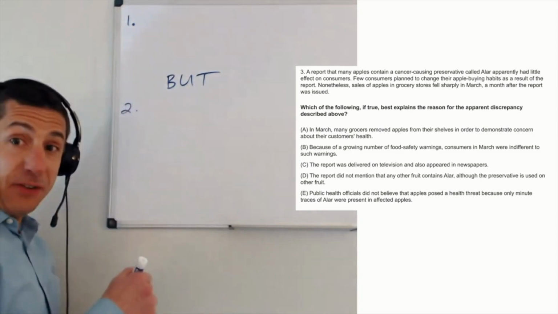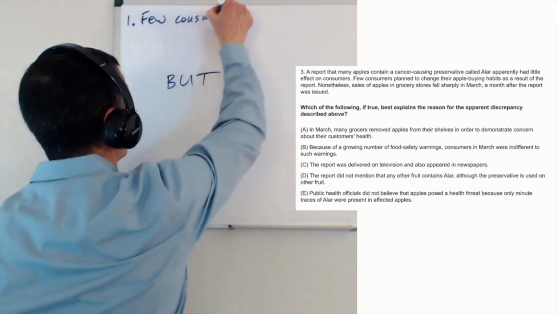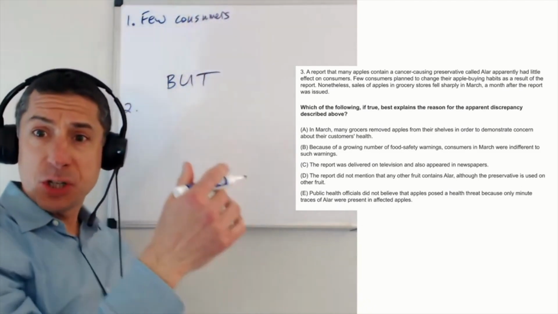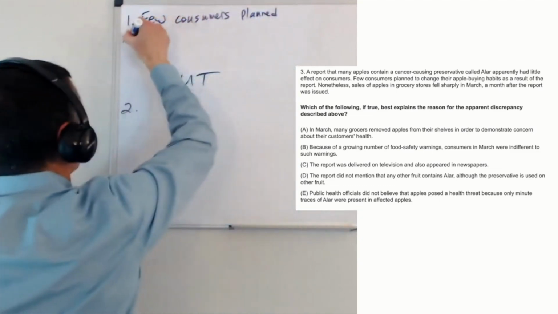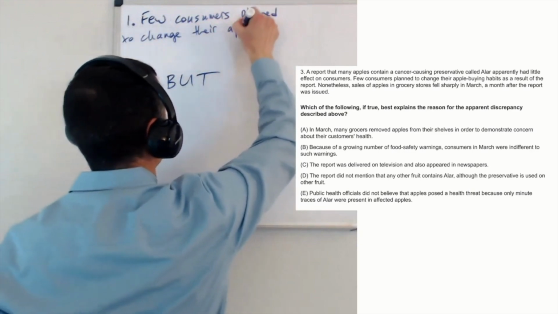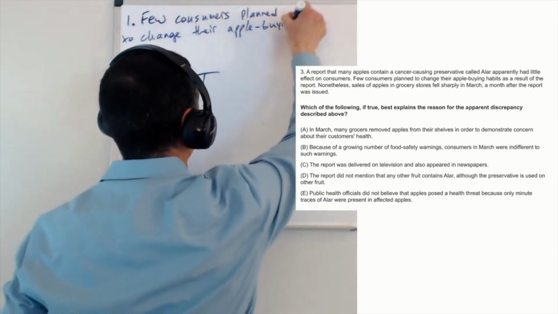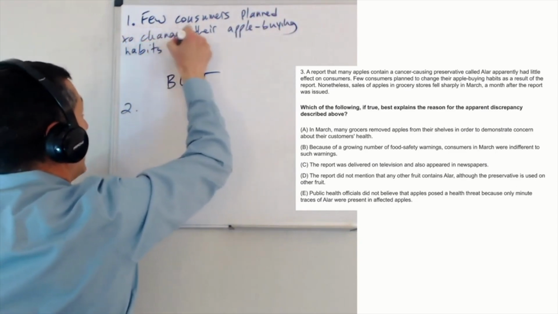So thing one, a few consumers said that they were going to change their habits. So a few consumers planned to change their apple buying habits as a result of the report.